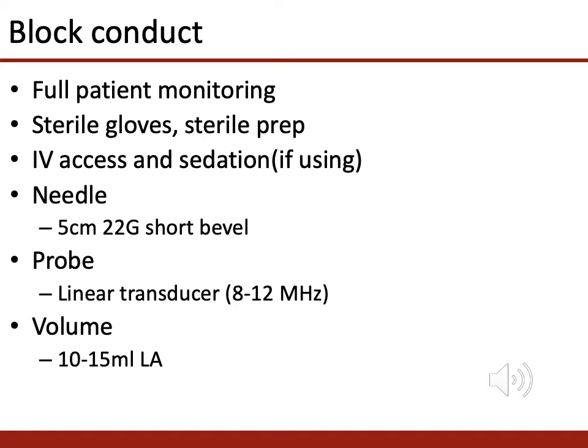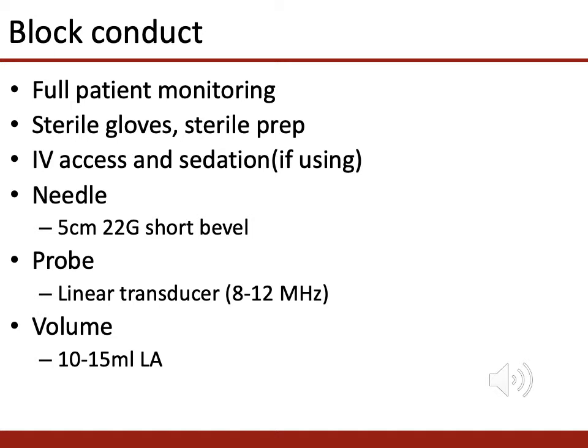So how do we go about doing the interscalene nerve block? As for any nerve block, the patient should be fully monitored. So that is EKG, blood pressure, CO2 and saturation monitors as per ASA guidance. We should use sterile gloves and sterile prep, whatever you have available. There should be IV access and sedation if using that.